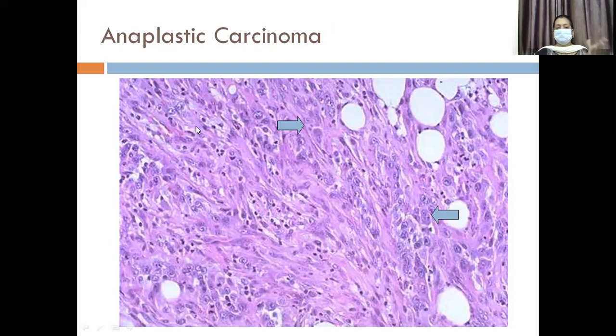Can you identify any thyroid follicle here? No. So absolutely, if I don't tell you that this is the thyroid, you can't tell. You see these very undifferentiated, very aggressive kind of cells here. Okay, prominent nucleoli.